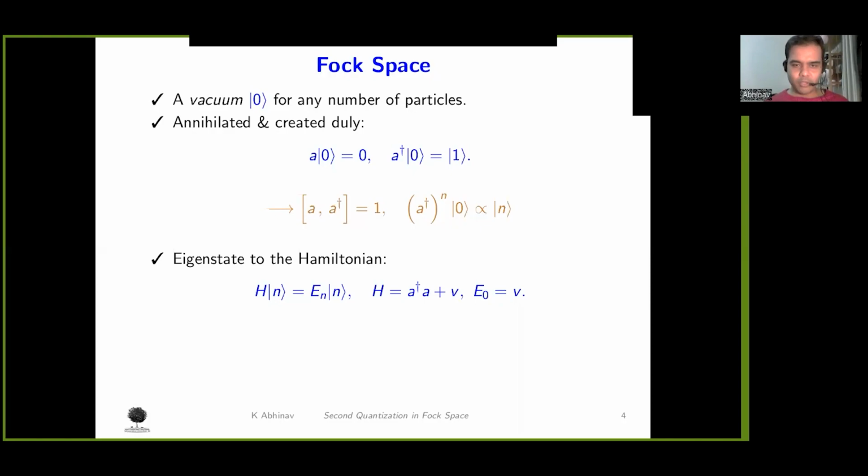Now, because of this algebra, if you act A dagger n times on the vacuum, it gives you an n particle state. We'll look at the normalization of the state later, but that is how you define an n particle state.